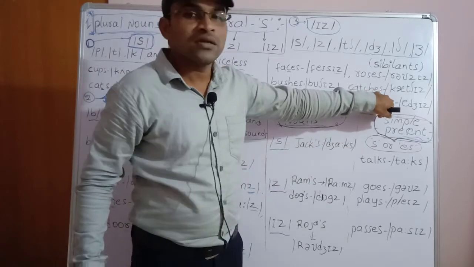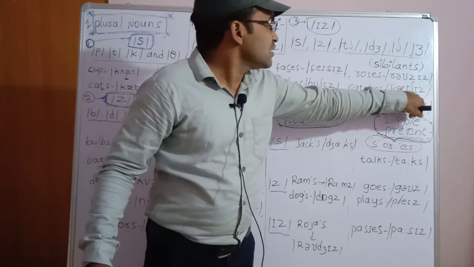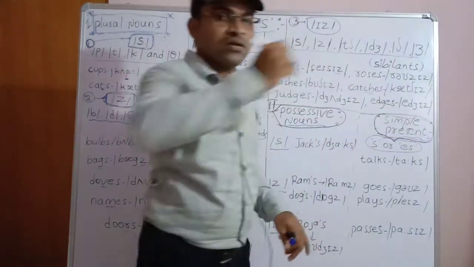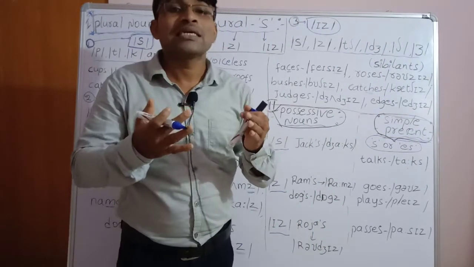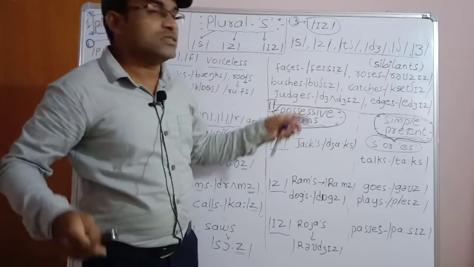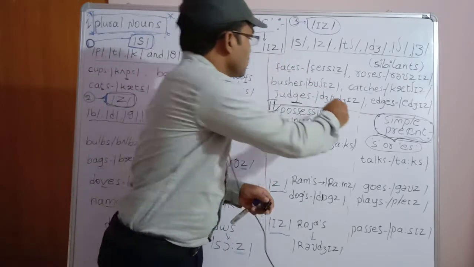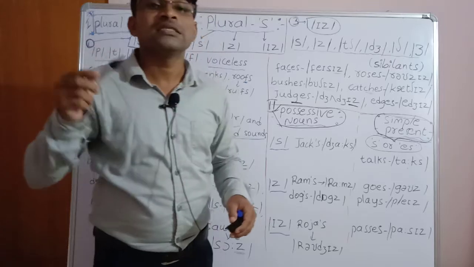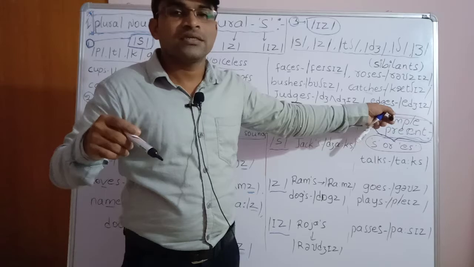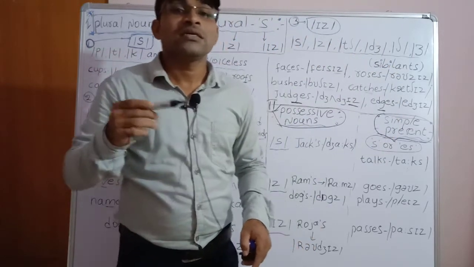The plural s or es is pronounced as is. Catch, catches. Judge, ja, judge. The plural s, judges. Edge, edges.